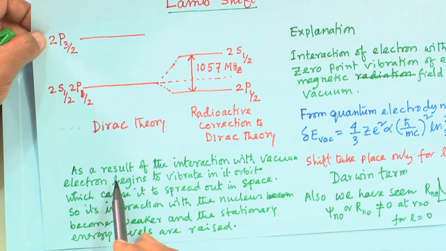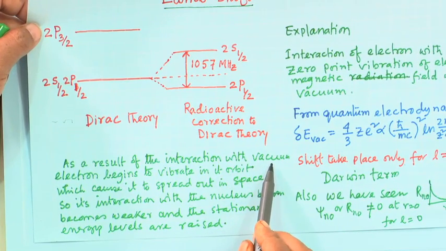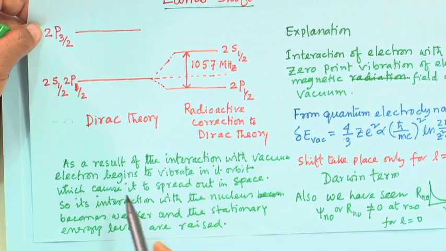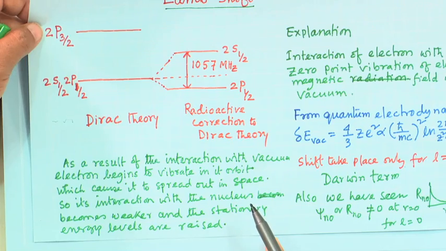This is connected with the interaction of the nucleus and the electron. We can tell it like this: as a result of the interaction with vacuum, the electron begins to vibrate in its orbit, which causes it to spread out in space.